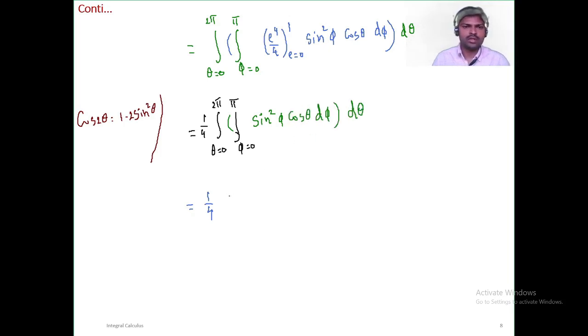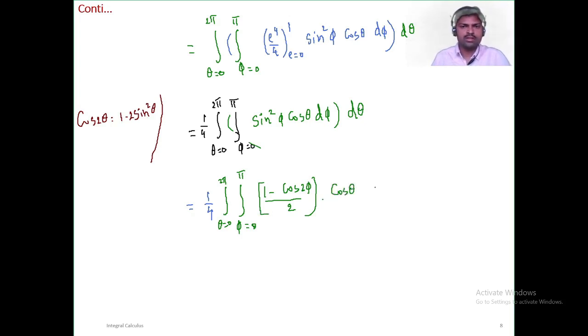Next one, double integration. Phi is from 0 to 180 degrees, 0 to pi, and theta is from 0 to 2 pi. Sine square phi I'm plugging back as 1 minus cos 2 phi by 2, into cos theta.